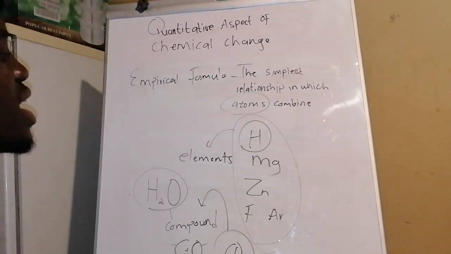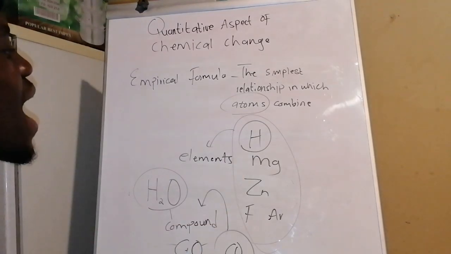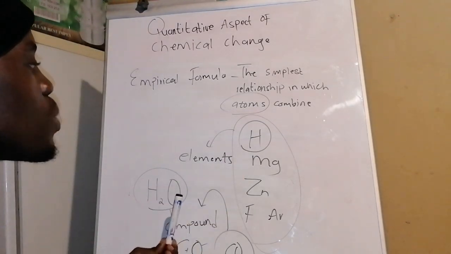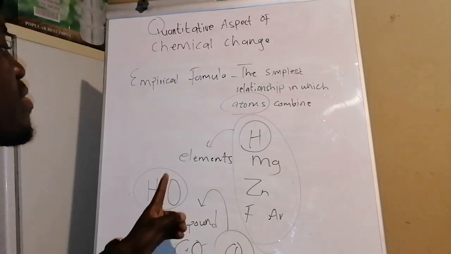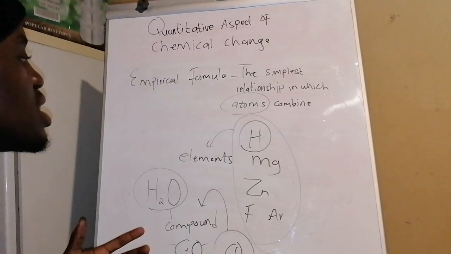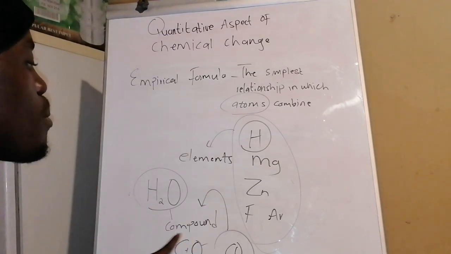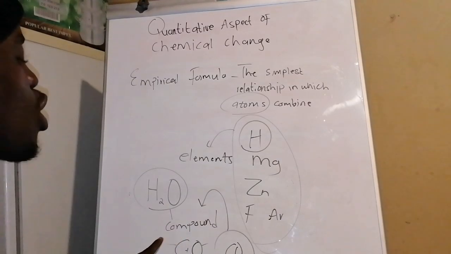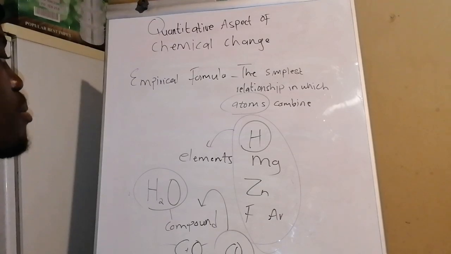So in other words, if I take elements written on the periodic table and combine them with other different elements, I won't call what results an element. Now we have something known as a compound, because it is the combination of two or more different elements combined together in a fixed ratio. So that's the definition of a compound.